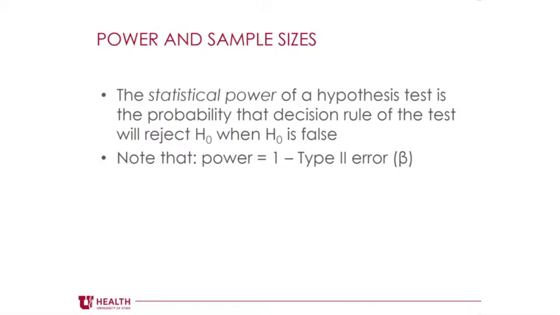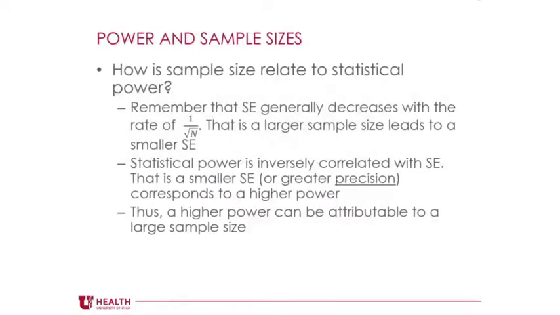So that's to say, if the type 2 error is smaller, there will be a higher power. And there's a relationship between power and sample size. We usually want to know, how is the sample size related to statistical power?